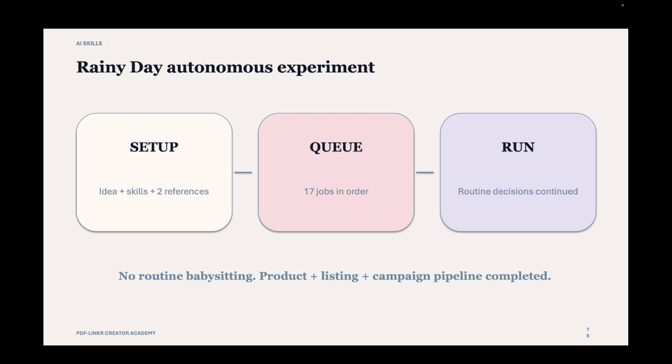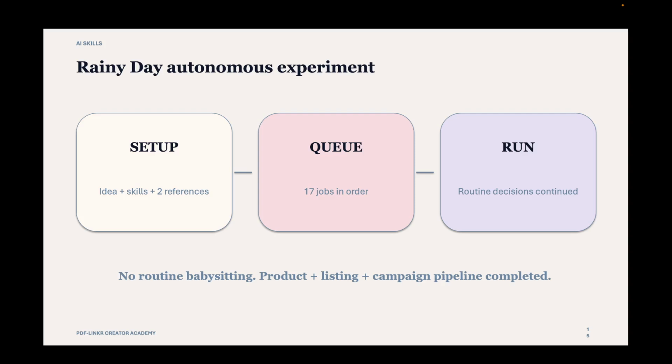So after the human-led version, me sitting there for 6.5 hours doing it and messing with it, I created an autonomous experiment. I decided to do a little rainy day project.